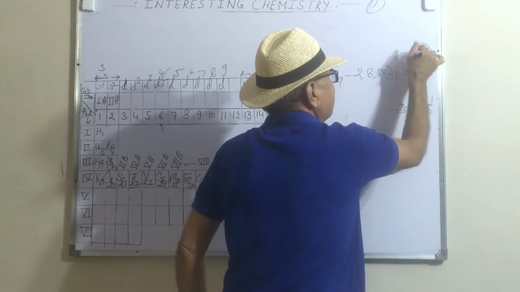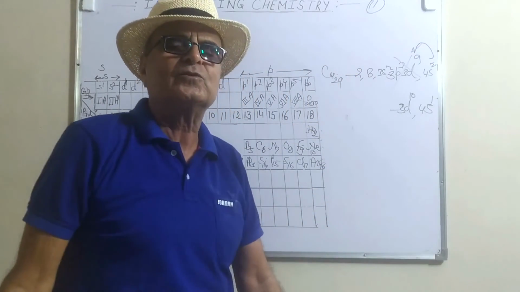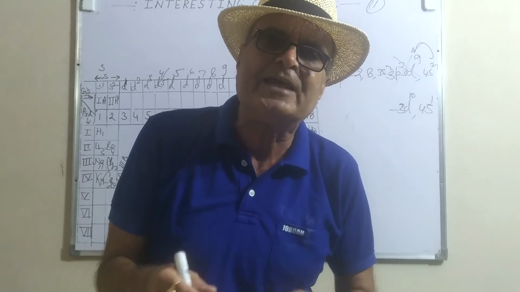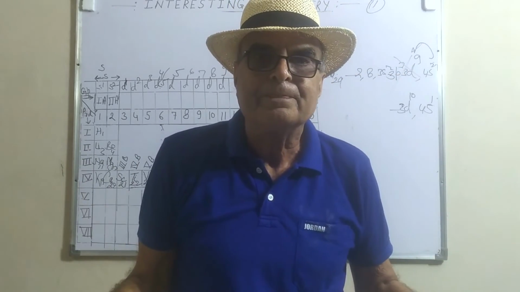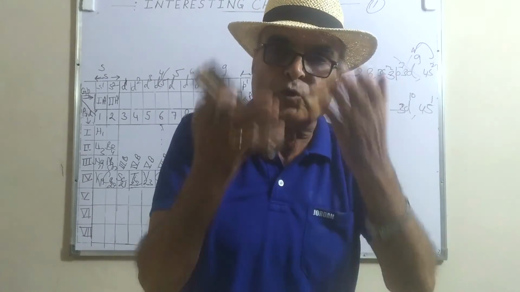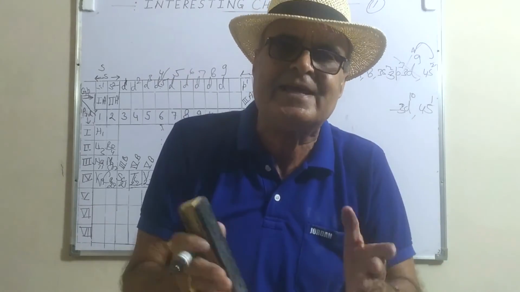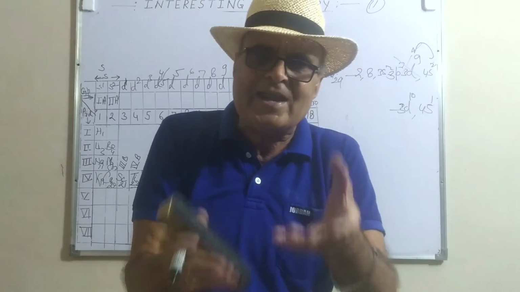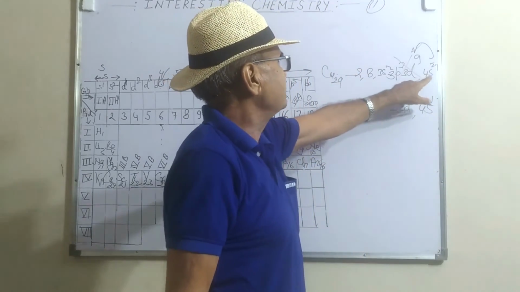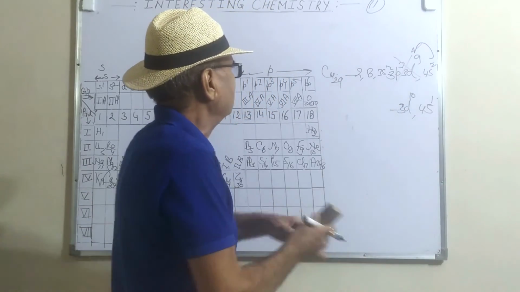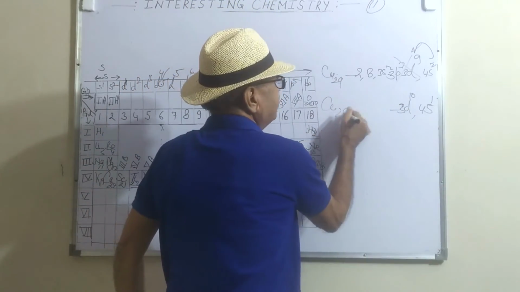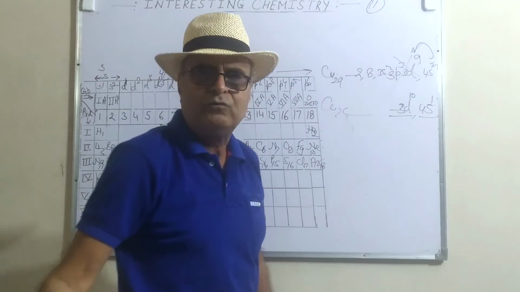One electron migrates from 4s2 to 3d9, and 3d9 becomes 3d10. Again, the 3d is filled, so the stability of 3d10 increases. To acquire this stability, one electron migrates from 4s2 to 3d9. So the electronic configuration of Cu29 will be 3d10 and 4s1.